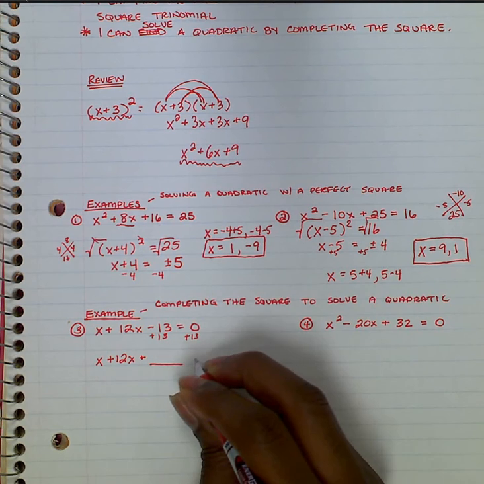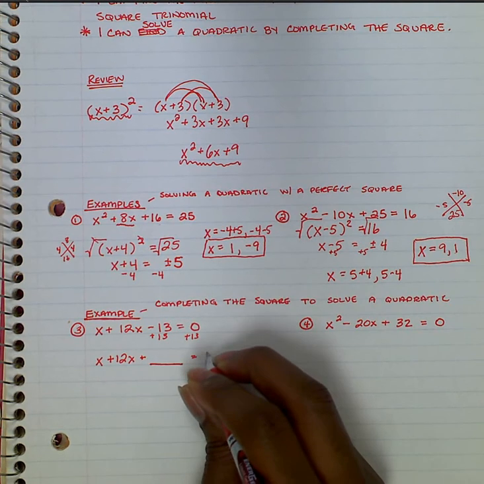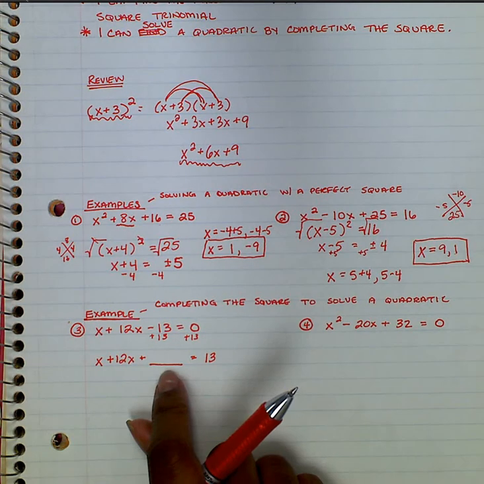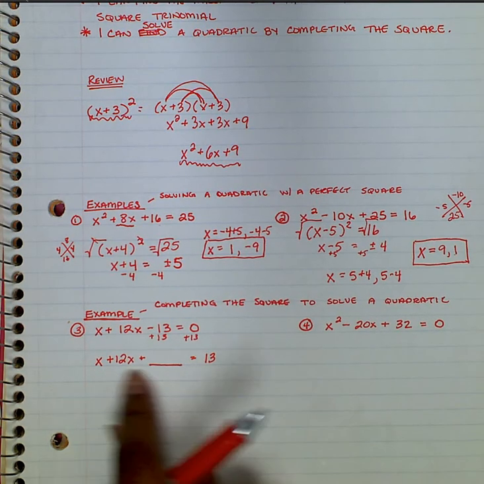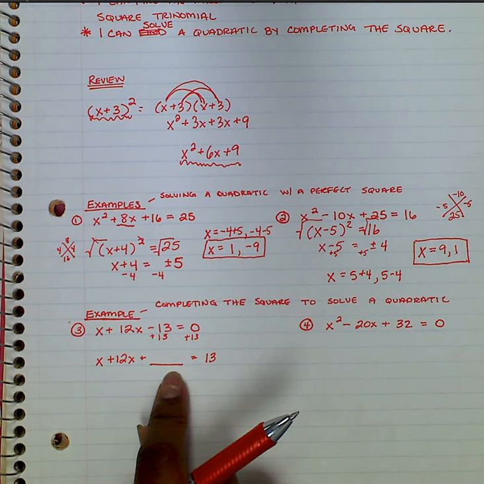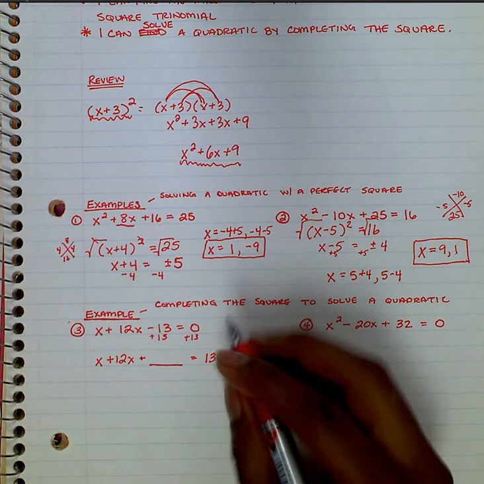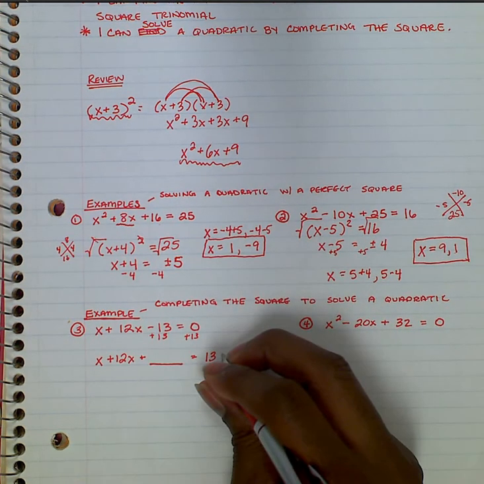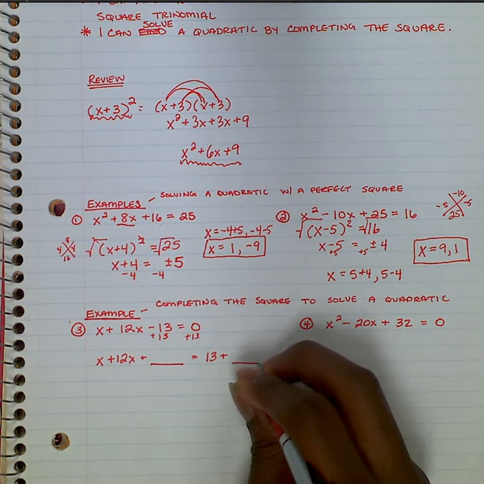Okay. And I really want to add a number here that makes this side a perfect square. And algebra rules will tell us if I'm adding something to the left side, I need to make sure that I'm adding something to the right side. So I'm just going to have that space here.